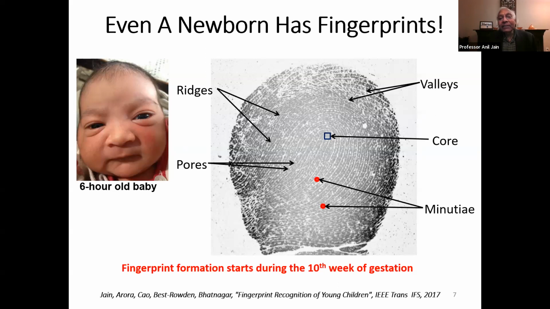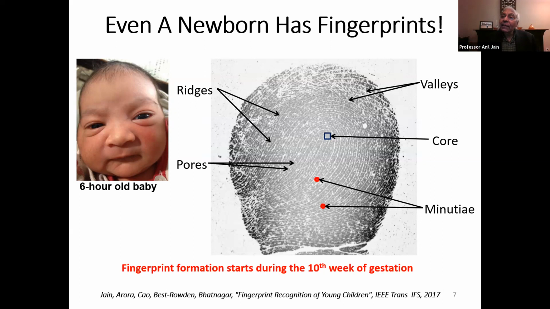So this is the fingerprint of a 6-hour-old baby, which we captured in a maternity hospital. And this required a very high resolution, about 2000 PPI fingerprint reader. The matching of a newborn fingerprint is more challenging because the skin is soft and malleable, and so there's a lot of deformation which happens. And so we have not been able to successfully match a 6-hour-old baby's fingerprints a day later.